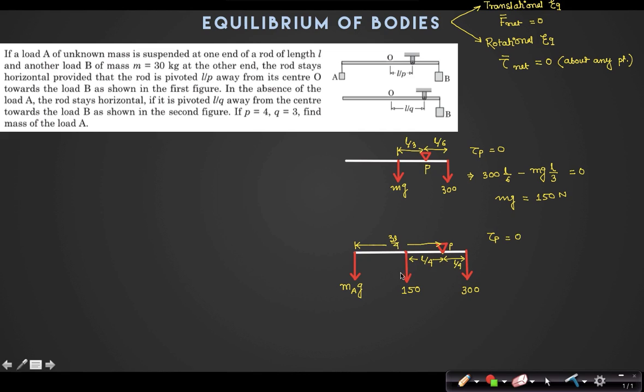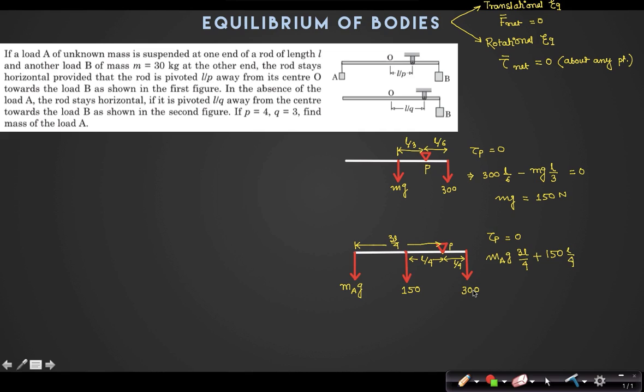What will I take? Torque of this MAG into 3L by 4, in which direction? Coming out of the plane, you can take positive also. Okay, I have taken positive. 150 Newton coming out of the plane, positive, 150 times L by 4.